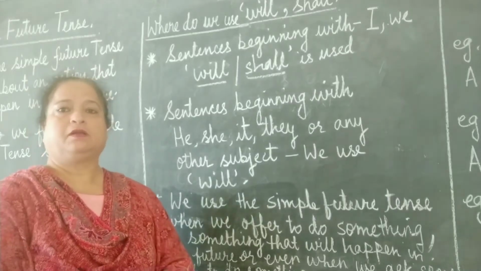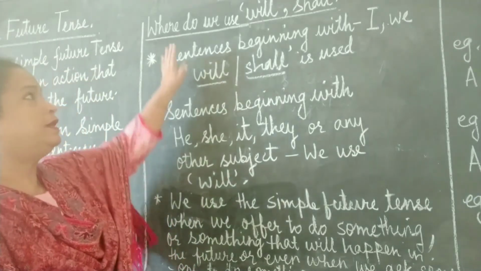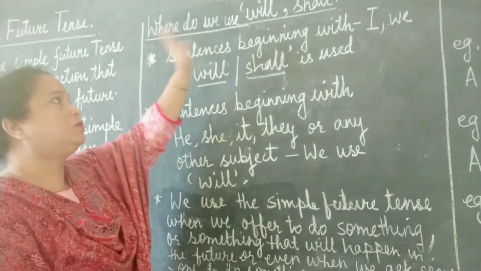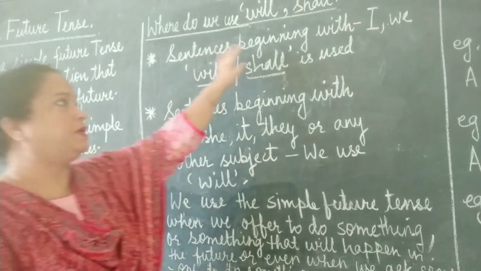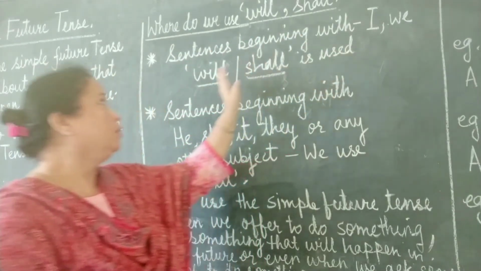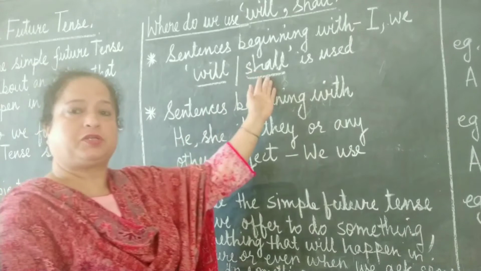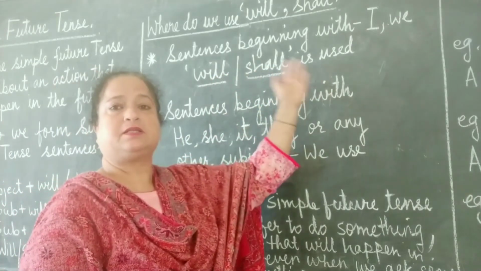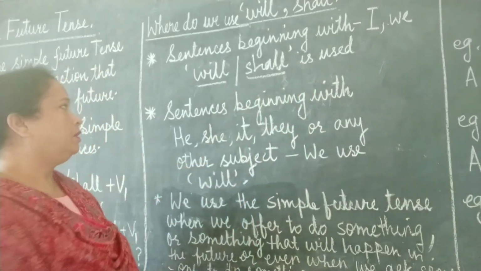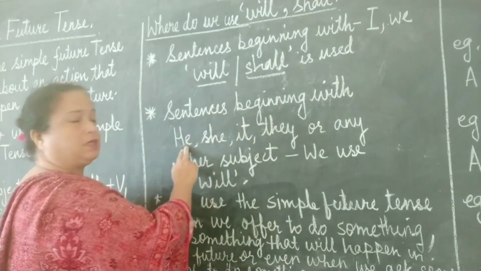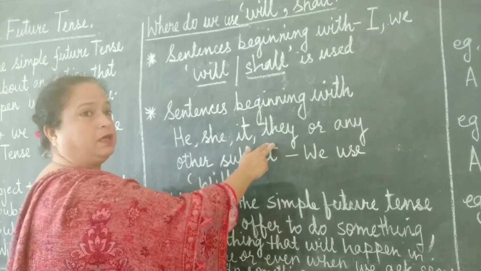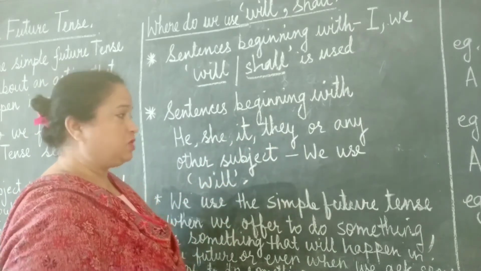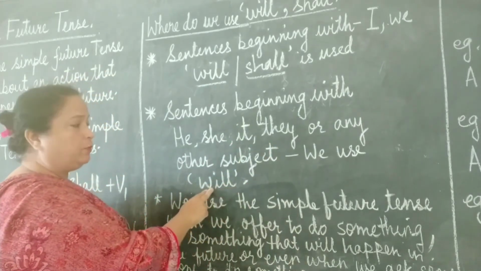So children, now let us understand where do we use will or shall. So sentences beginning with I or we use will and shall. We can use any of the two in the sentence after the subject. Now sentences beginning with he, she, it, they or any other kind of a subject, we use will with it.